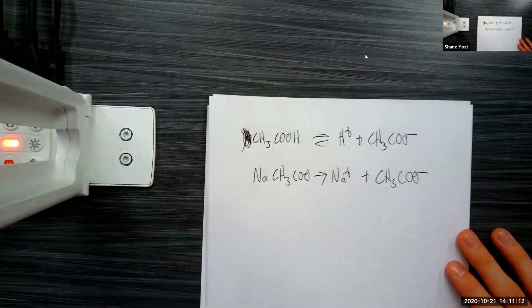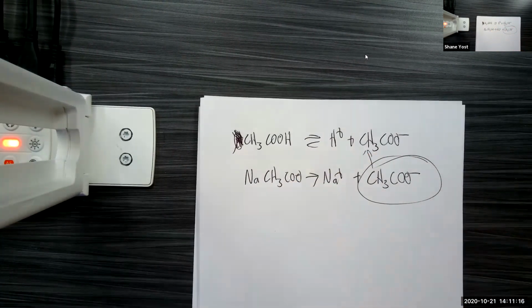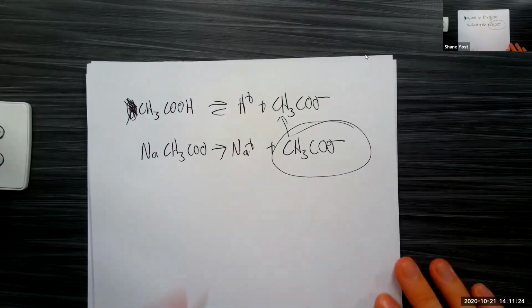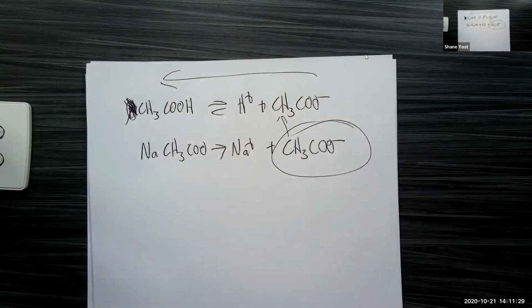And so these acetate ions get added into solution, which, according to Le Chatelier's principle, means we've added a product. Because of the addition of this product, our equilibrium is going to shift to the left, and I'm going to reform some of this acetic acid.